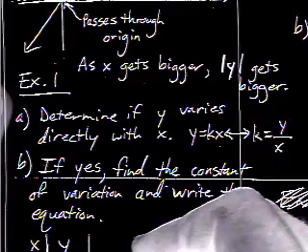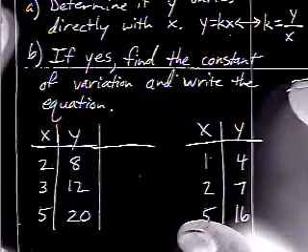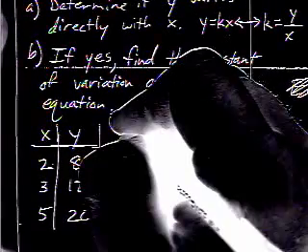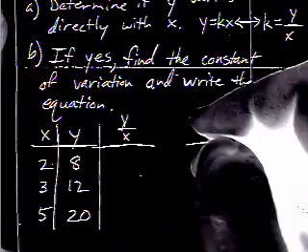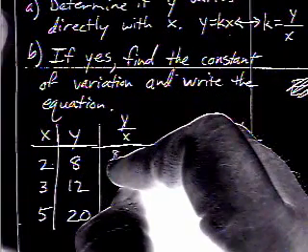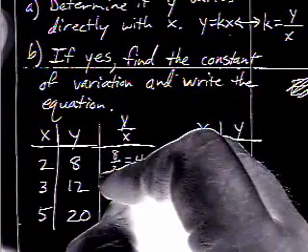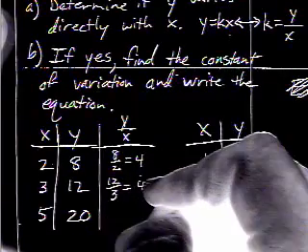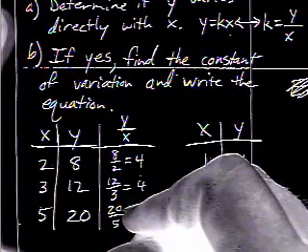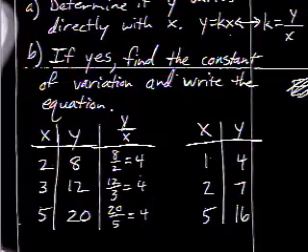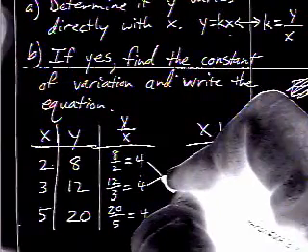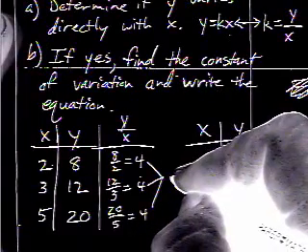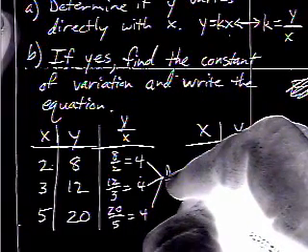Here's a set of numbers, a chart of xy values, and we need to determine y over x. So 8 over 2, 12 over 3, 20 over 5. What do you know? Every single time we got the value 4. That must mean we are dealing with direct variation.